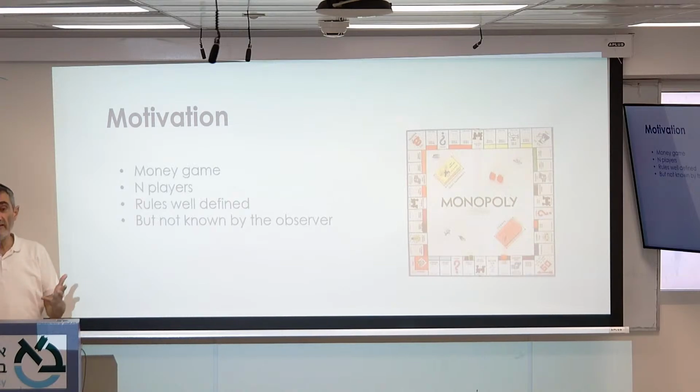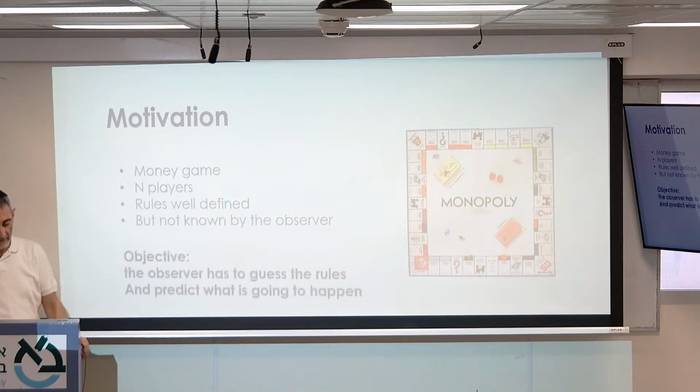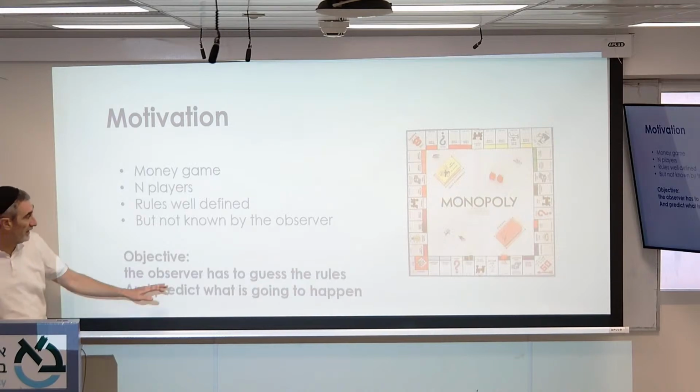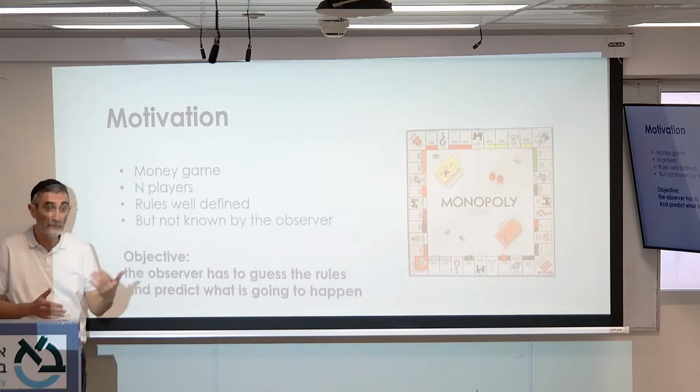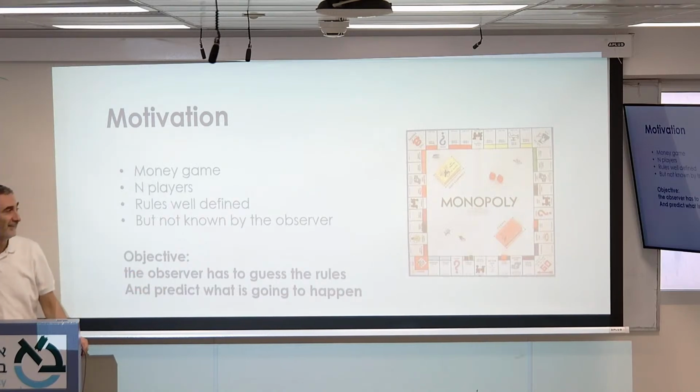So that's typically the idea of finding a solution to the wave equation: finding the rules of the game. The observer has to guess the rules and predict what is going to happen. If you know the rules, you know what the next step will be.